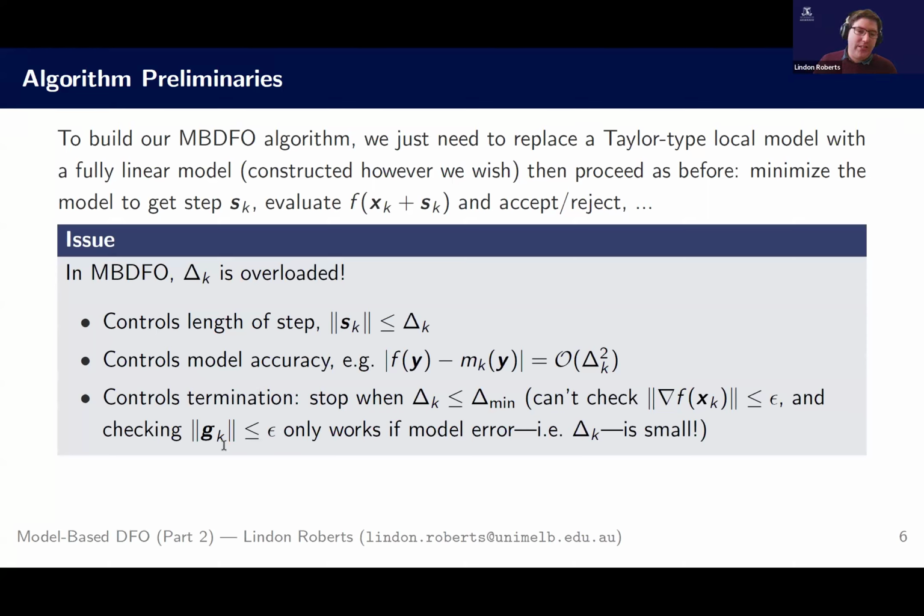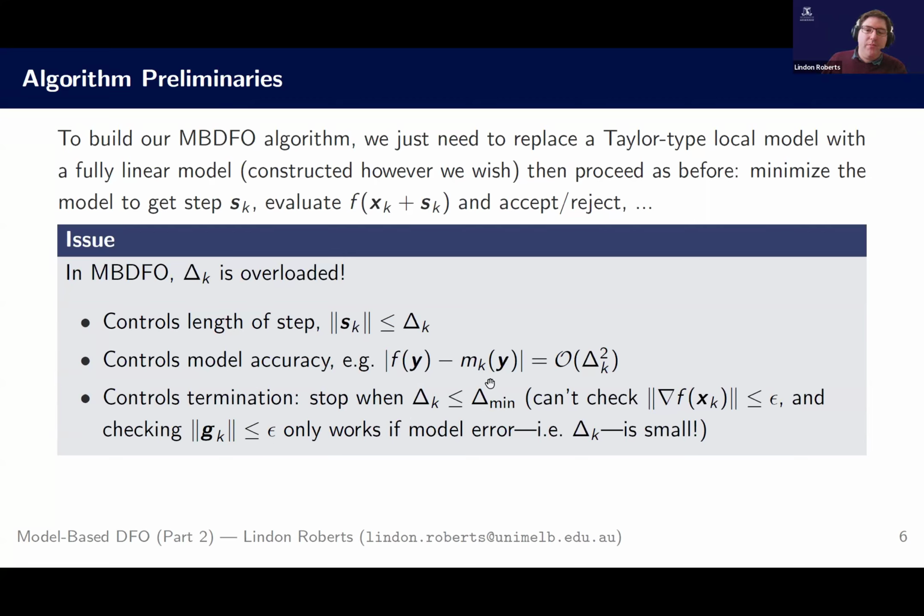So if the norm of g gets small, but delta is large, then there's no guarantee that our true gradient is small. So we can't just terminate on the norm of g because delta K affects the error in the norm of g.